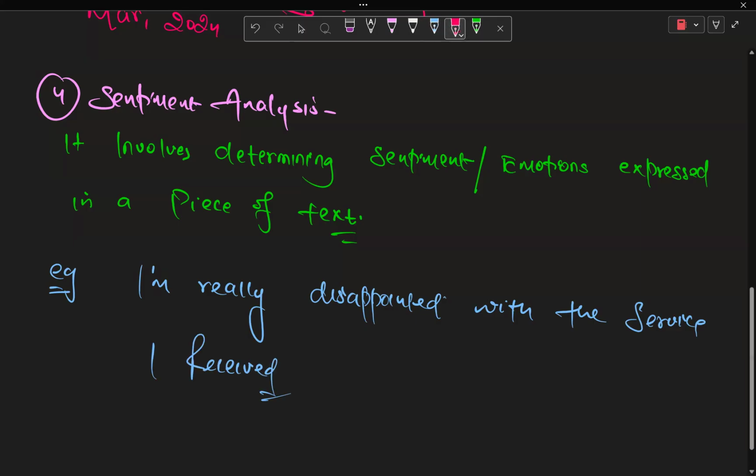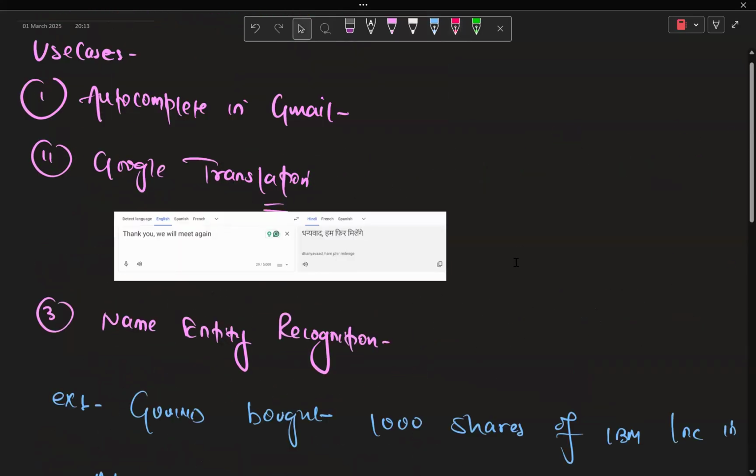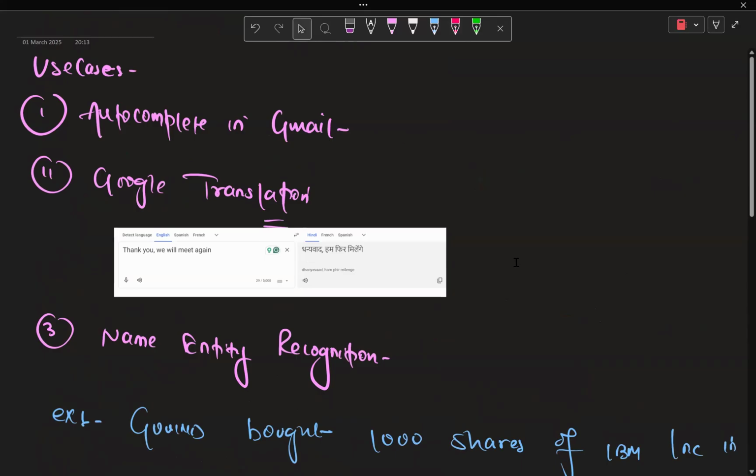Here this keyword disappointed basically indicates that it's a negative review. So an efficient model will never read the entire text. It will just fetch the important keywords, and those keywords are themselves telling you the structure. Okay, so these are some real world use cases where RNN and NLP are being used.